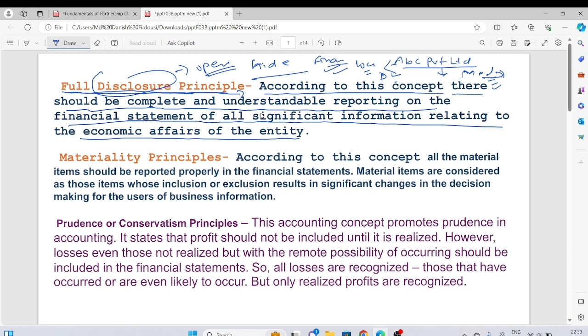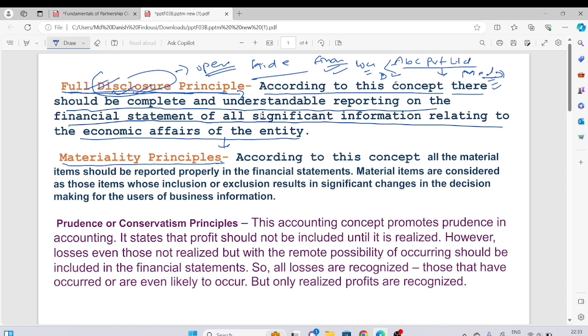Now the other concept is the materiality principle. The materiality principle is the extension of this full disclosure principle. Here we are studying that no information should be hidden. Any information means all that information which is very significant for the business users.